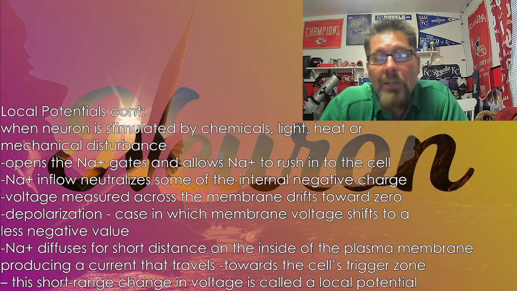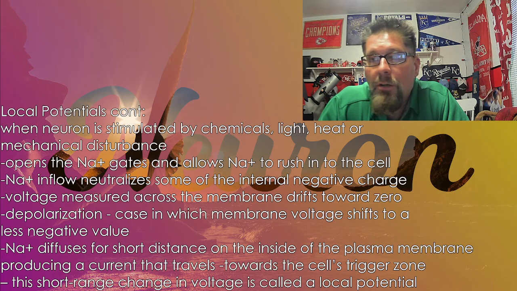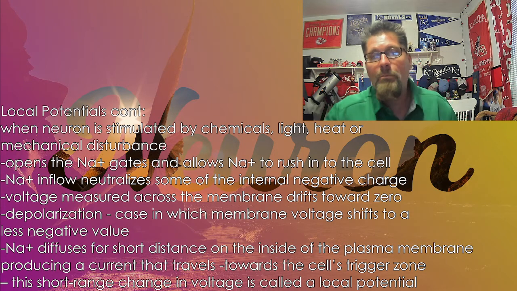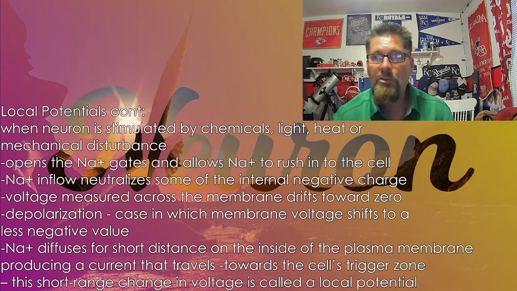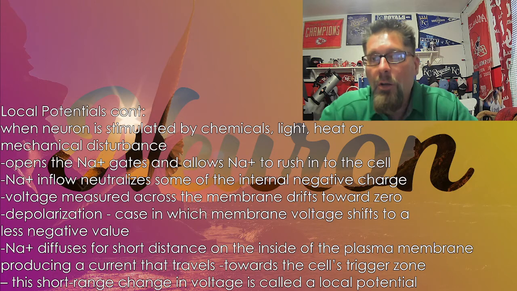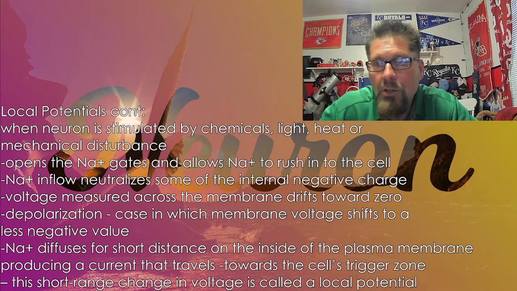Now, when an action potential begins, the neuron is stimulated by some kind of signal, chemical, whatever it may be, and then as we saw with that sodium-potassium pump, it fires the sodium, and those sodium ions come roaring in to get that increase, that voltage change.